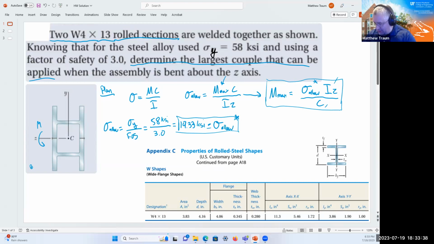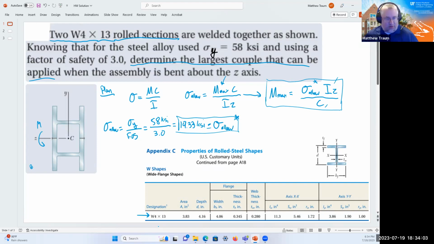There's a big table with all these different values representing different I-beam shapes, and I've eliminated all that and just isolated the one line that we actually need. It happens to be at the bottom of that appendix, but that's the value we need, right? W4 by 13. What I'm looking for again is IZ, which is the I for these two I-beams.